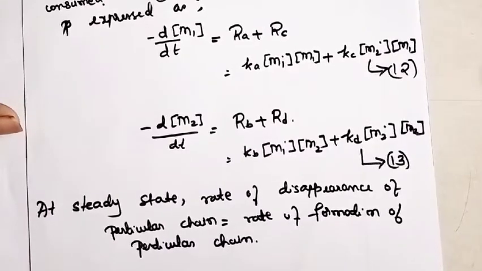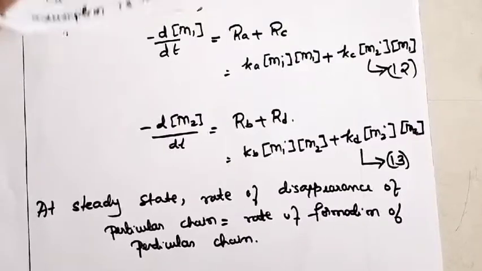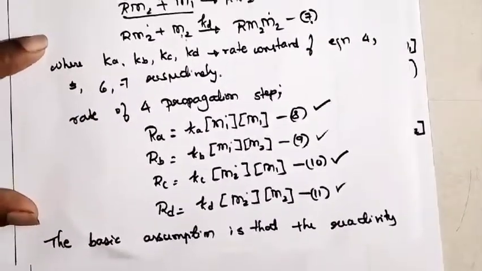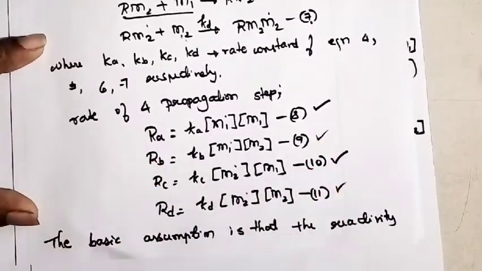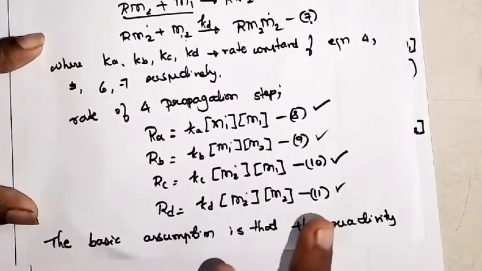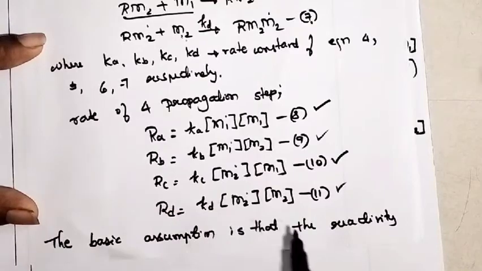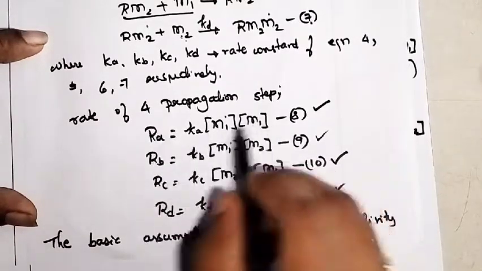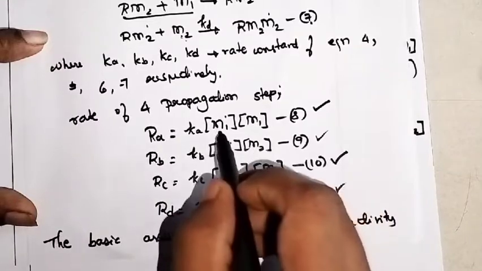So according to this statement, which are the two rates that become equal? Here you need to look at the rate equations that you have written here, that is 8, 9, 10, 11. These are the four rate equations. Now see here, in the first equation, which free radical is present?